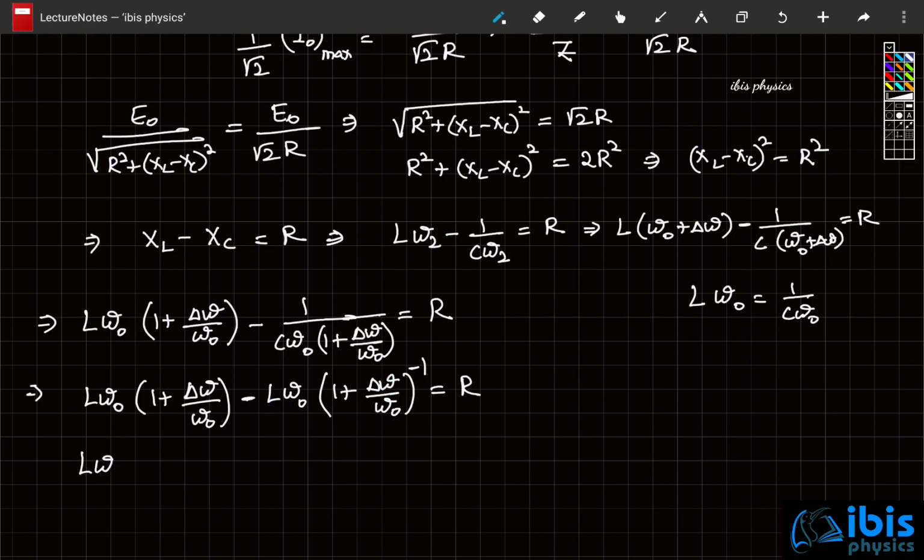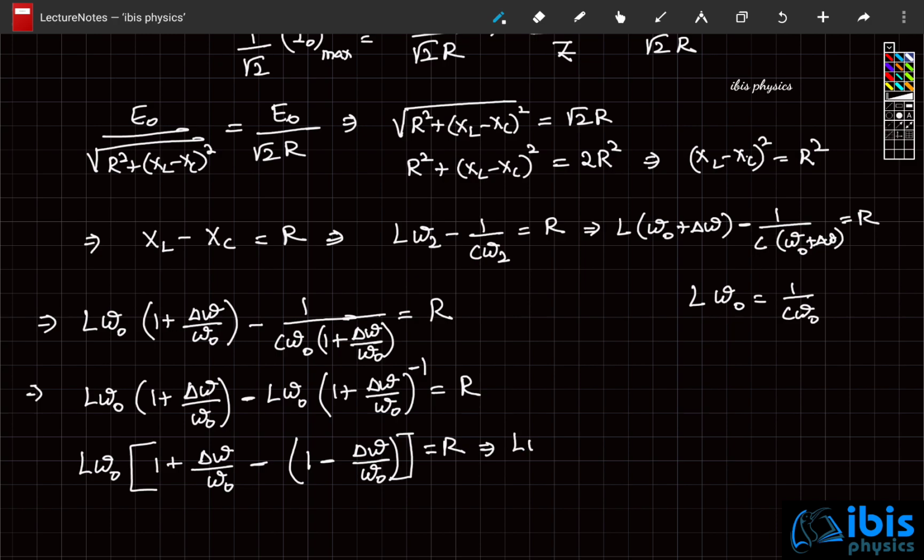So I am taking L omega naught out from both the terms. (1 plus x) whole power n is 1 plus nx. Here it is whole power minus 1, so 1 minus nx, and that is equal to R.